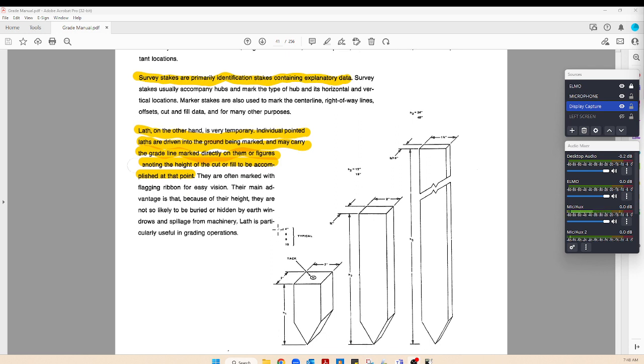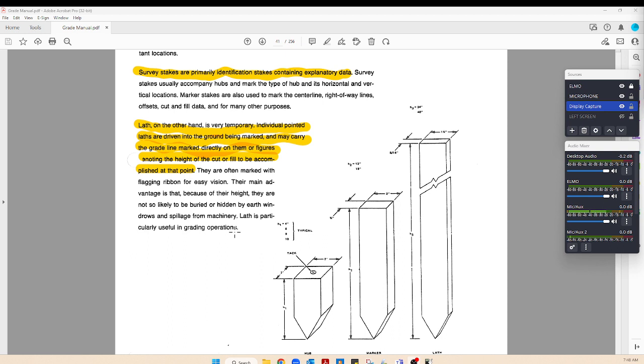Lath is particularly useful in grading operations. Actually, very useful. A lath is your set of directions.